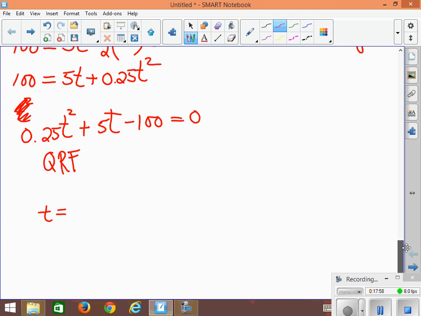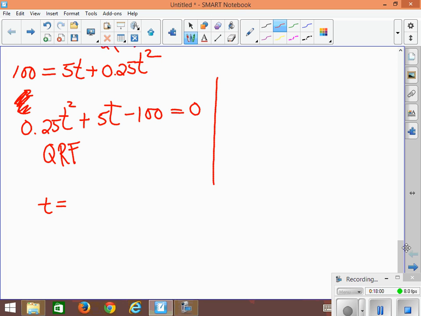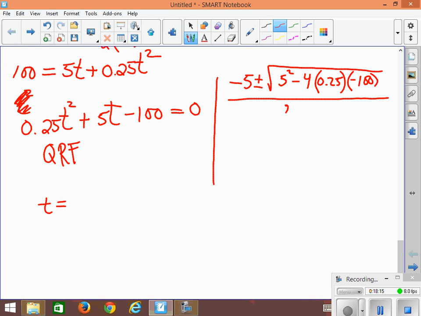Let's go back then. If we're doing QRF, I'll do it over here. Negative b plus or minus the square root of b squared minus 4 times a times c, which is negative 100, all over 2a, 0.25.